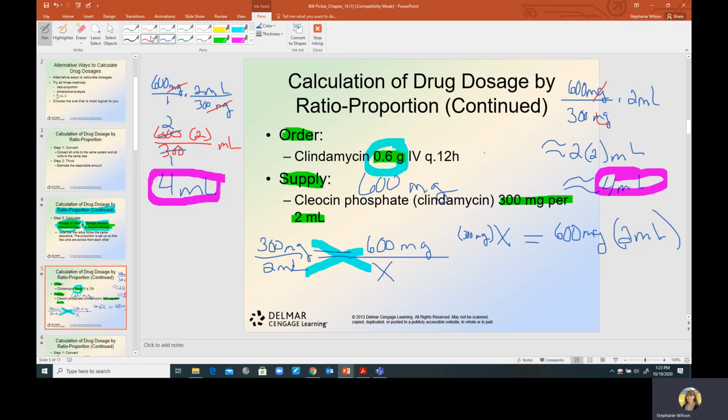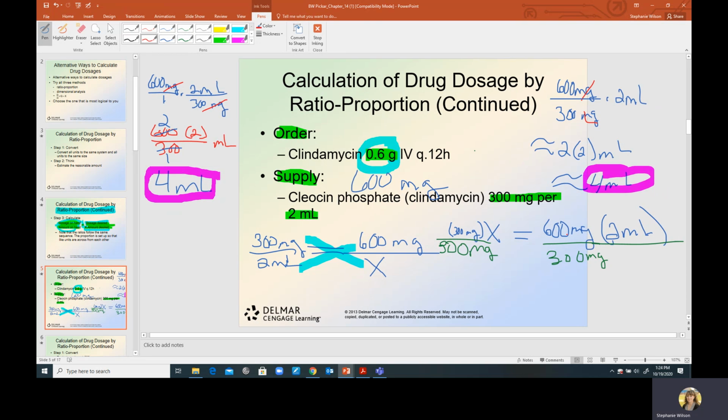Now I need to solve for X, so I'm going to divide this side by 300 milligrams. Right, and now I can mark through my mg, and my 300 goes into itself once, goes into 600 2 times. 2 times 2 milliliters is 4 milliliters.